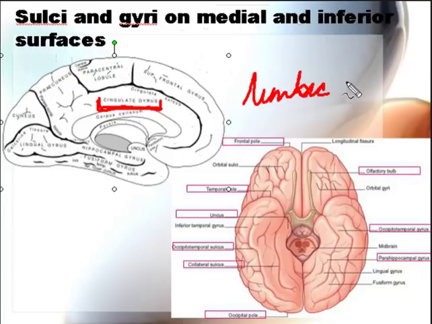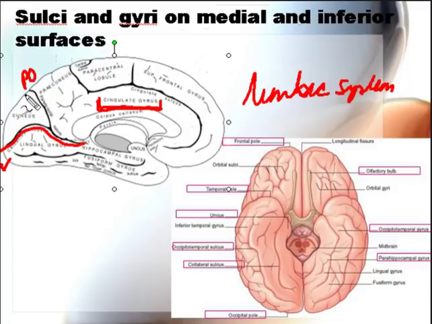Then on the medial surface you see a very deep sulcus or fissure, which is known as the calcarine sulcus. From this calcarine sulcus you have a sulcus which goes up like this, that is known as the parieto-occipital sulcus, because it's between the parietal and the occipital lobes.